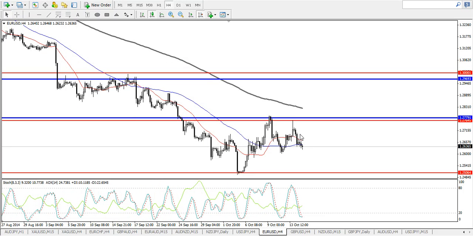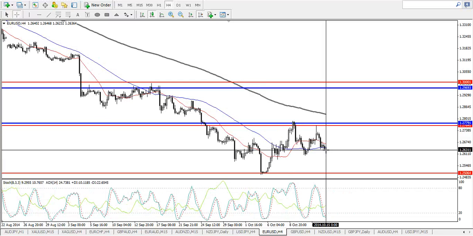The strength of the retracement seems to be getting weaker, and price begins to fall, and there's still a lot of negative data coming out from the Eurozone economy itself.